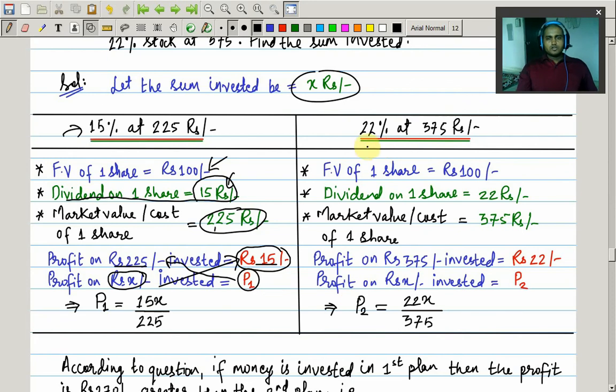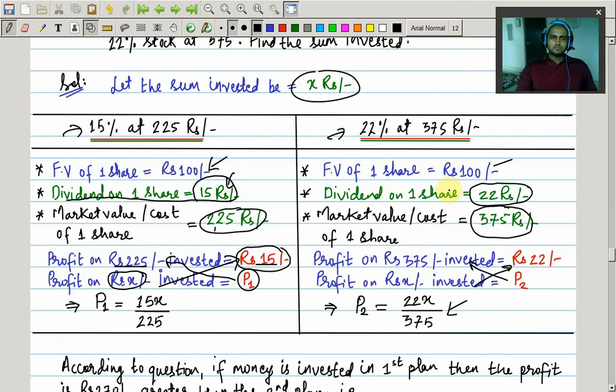Okay, now come to this type of investment, 22% at 375 rupees. Face value 100, dividend, this is the profit I will get if I buy one share, and one share will cost me this much amount. The same statement, so just do the cross multiplication, you will get this.